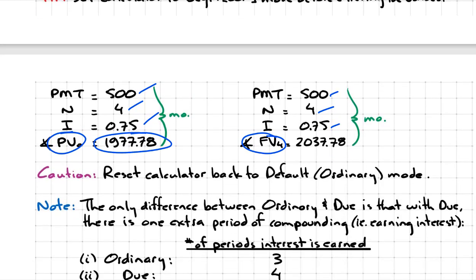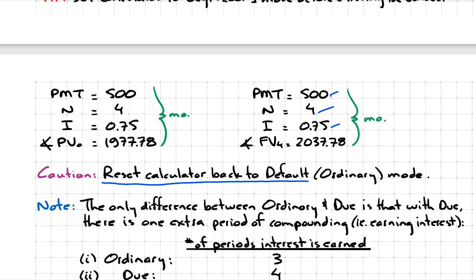Now caution, after you've done this due calculation, you have to reset your calculator back to default, which is the ordinary mode. And the reasoning for that is because most exercises assume ordinary mode. In other words, cash flow is occurring at the end of the year. So the due is the exception.